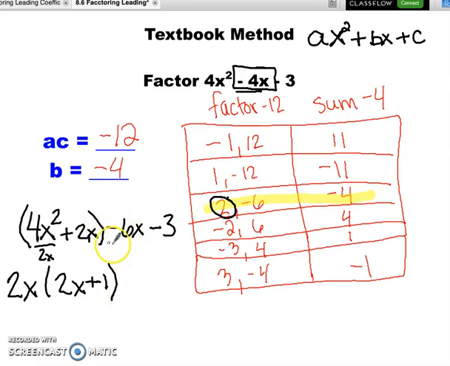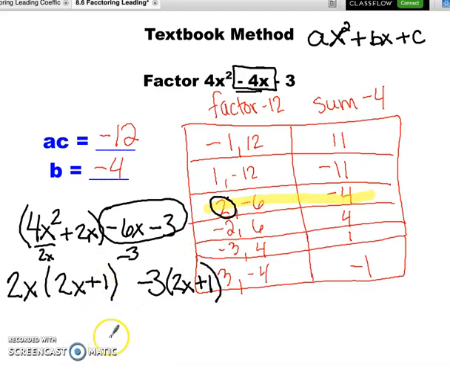I'm grouping these together, and I need to find a factor in them that's common. Well, I can factor out a negative 3. Can I factor out an x? No, because there's no x with the 3, or that constant. But I can factor out the negative 3. So negative 3 is factored out. What's left? 2x, and then plus 1.